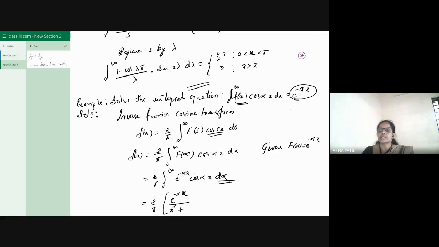Given RHS, this is e raised to minus ax, and it is not alpha. So your f of alpha is e raised to minus ax. Wherever you have written the e raised to term, that should be e raised to minus ax.